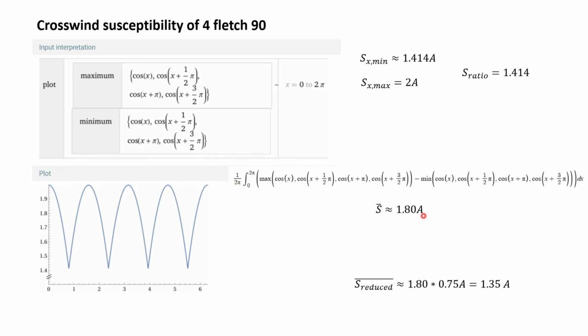That looks bigger, but don't forget, because there are more fletches, we just talked about this, you need smaller vanes, right? How much smaller? 25% smaller to get the same amount of stability as a 3-fletch setup. So we can correct this cross-section area times 0.75. What do we get? 1.35.